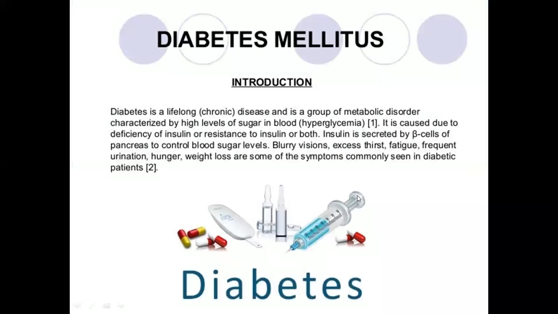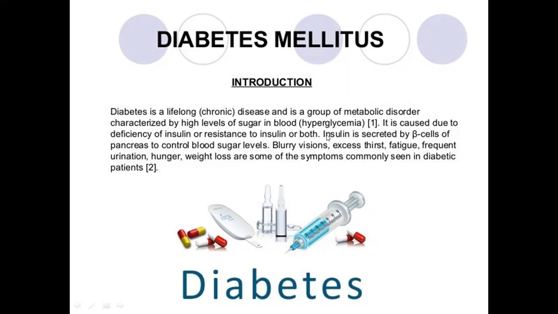In the pathophysiology of diabetes mellitus, it is a chronic disease. Chronic means long-term, so it is a long-term or lifelong disease and a group of metabolic disorders. It is characterized by a high level of sugar in the blood, that is hyperglycemia.